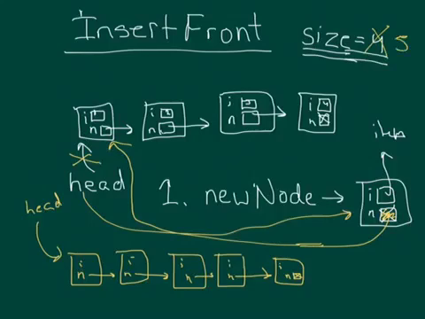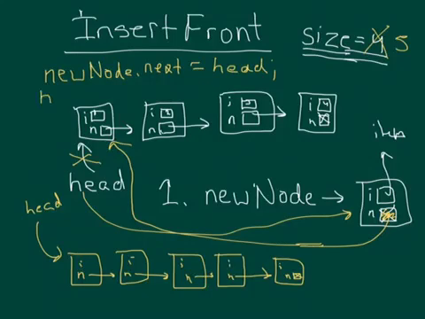However, by now you're probably thinking, how exactly do we just change these pointers around? Well, in Java, you can just do something along the lines of newNode.next, which is the next field of the new SList node, is equal to head, which is pointing to an SList node.